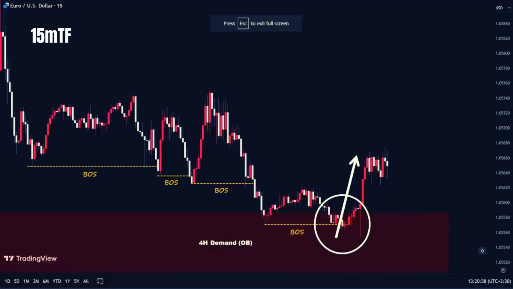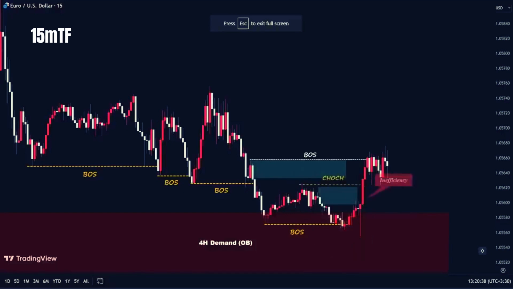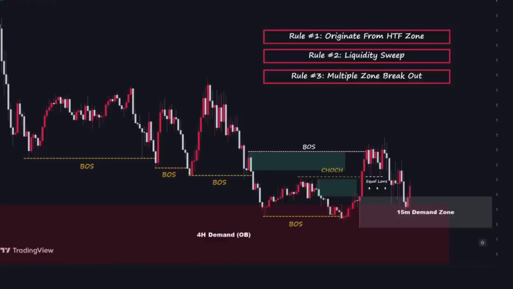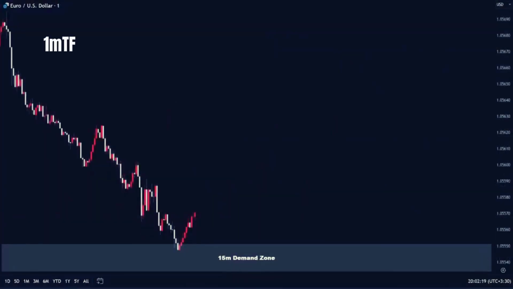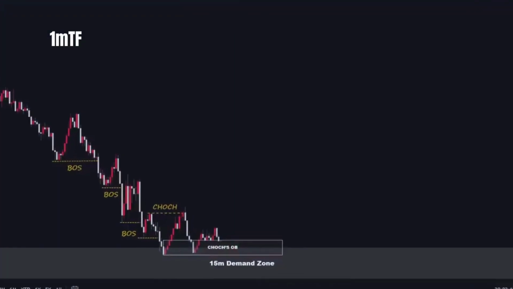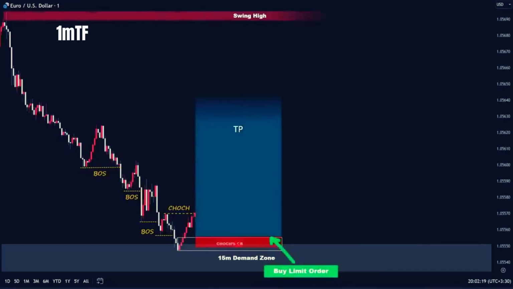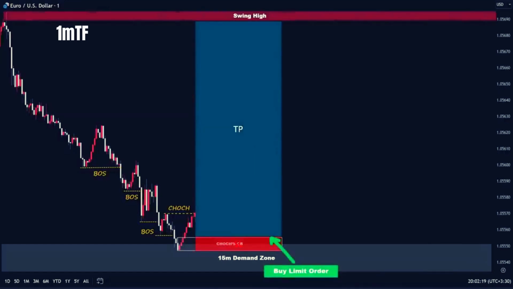Then, in 15 minutes, after observing the change in the character of the corresponding area, which caused the change of character and upward movement, we will draw it as one area. Then we go to the 1-minute time frame and place our order in this zone. We place the stop loss above the zone and the take profit at the recent swings.